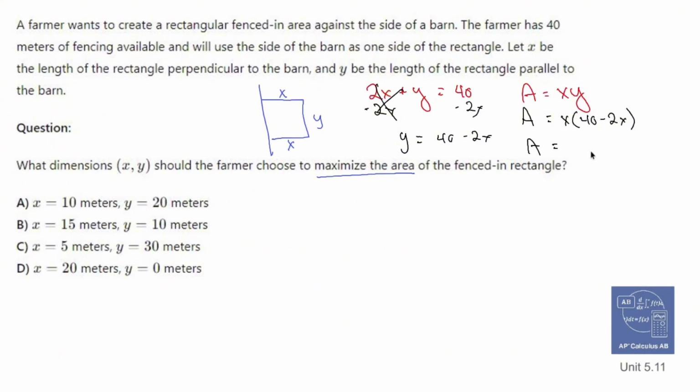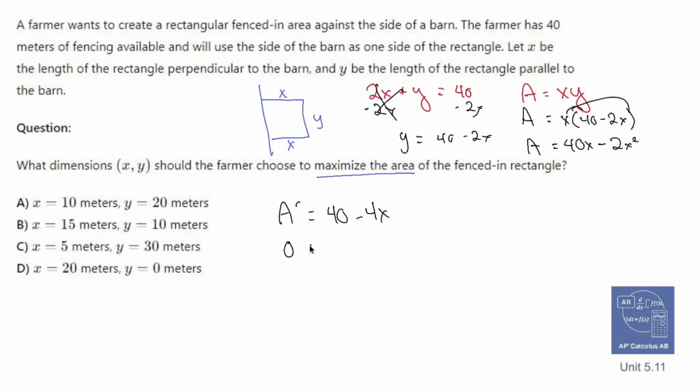So A is going to equal 40x minus 2x squared. Now we take the derivative of that, because taking the derivative will allow us to find critical points, which gives us maximums or minimums. So A prime is going to equal 40 minus 4x.